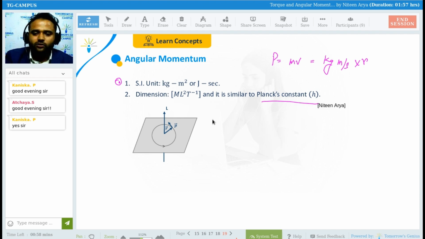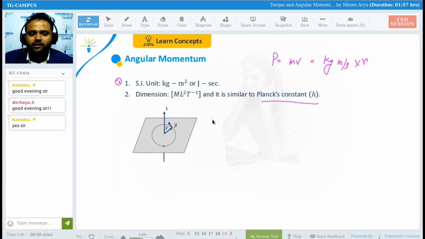It is similar to the Planck constant h also. Angular momentum is similar to the Planck constant. You are going to get to know what the Planck constant is in the next class. Planck constant h is basically joule into second. There is a scientist, Max Planck, and that scientist states the uncertainty principle.